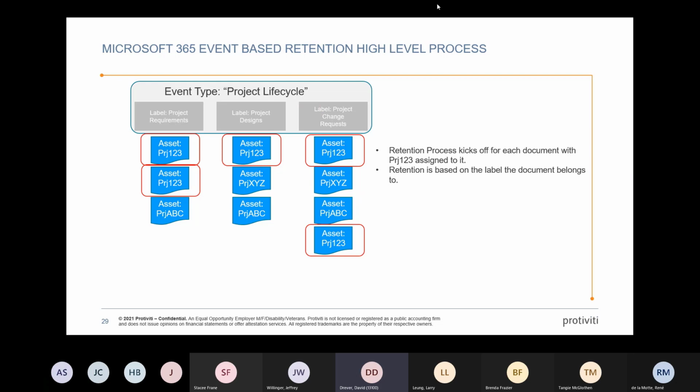As soon as it finds project 123, it's going to grab that and start kicking off the retention policy for it. It's not going to touch ABC. It's not going to touch XYZ. It's only going to worry about 1, 2, 3. So that's what the event does.